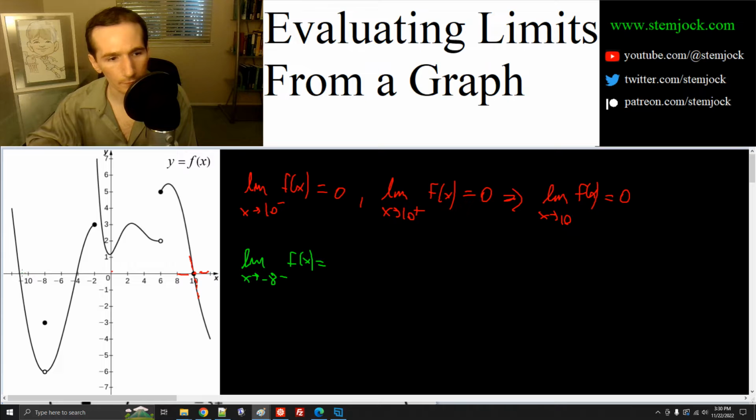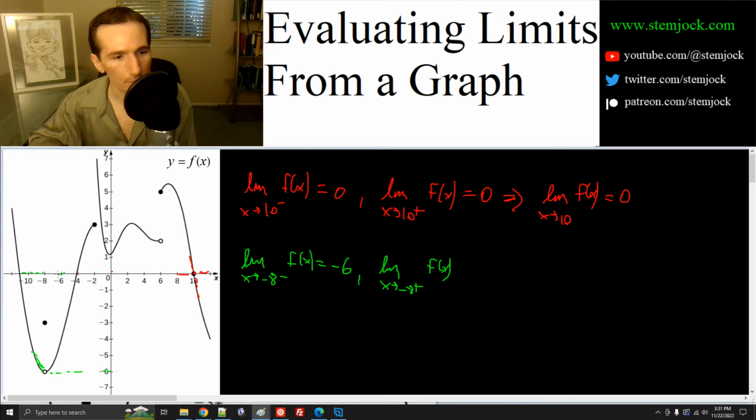From the left, the y value gets closer and closer to, it looks to be about -6. Again, the limit tells you what the y value of the function is as x approaches -8. And I'm going to look now at the limit as x approaches -8 from the right.